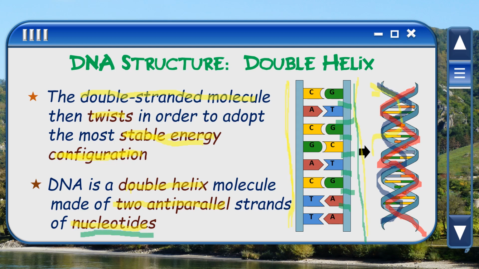DNA is made up of very many nucleotides. If you look at this one, how many nucleotides does it have? This is nucleotide 1, this one is nucleotide 2, this is nucleotide 3, 4, 5, 6, 7, 8. This strand is made up of 8 nucleotides.